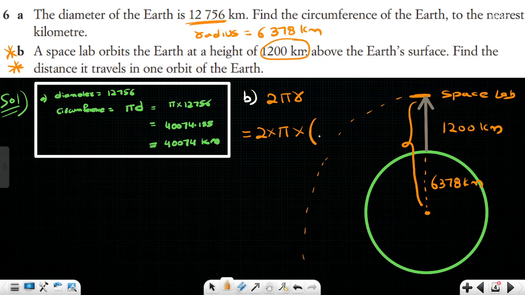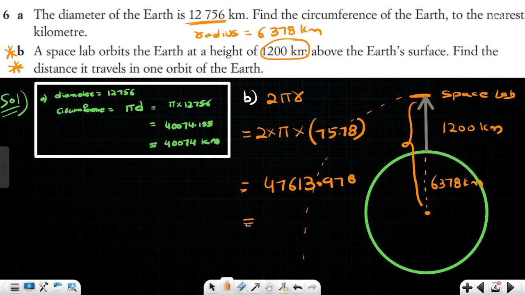So this total radius will become 6,378 plus 1200, that is 7578. Answer will become 2 into pi into 7578. Did they say find the distance travels in one orbit? They did not say nearest kilometer or so, but it's coming like 47613.978.